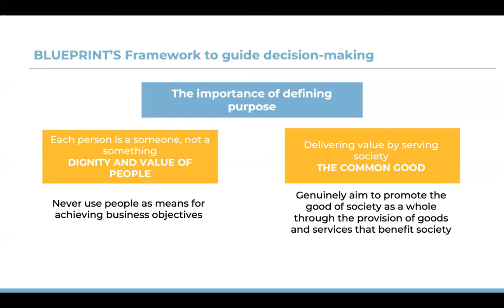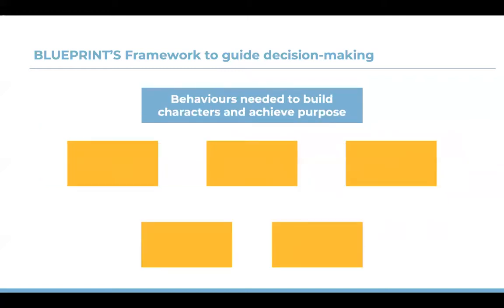Now, this is all nice and good, but how about the decision making and the behaviors that the organization uses in order to build a purposeful organization? So the Blueprint has identified 5 areas which are very important.